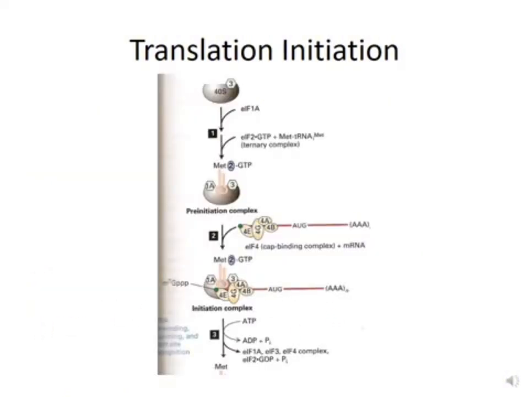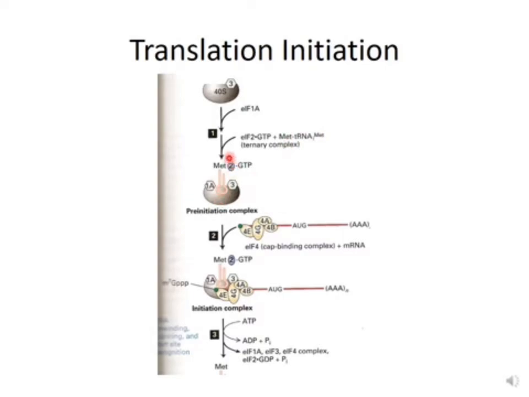As mentioned earlier, translation initiation starts with the smaller ribosomal subunit that is bound to the EIF3. Then comes in EIF1 and EIF2 bound to GTP and tRNAi methionine, which is also bound to methionine.